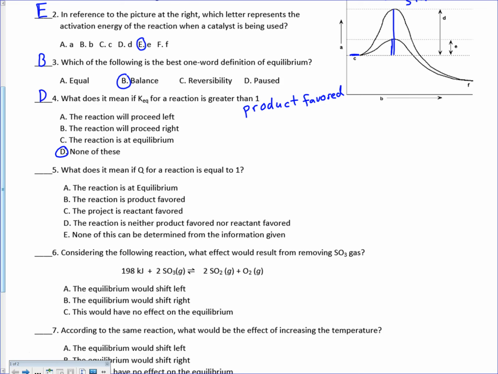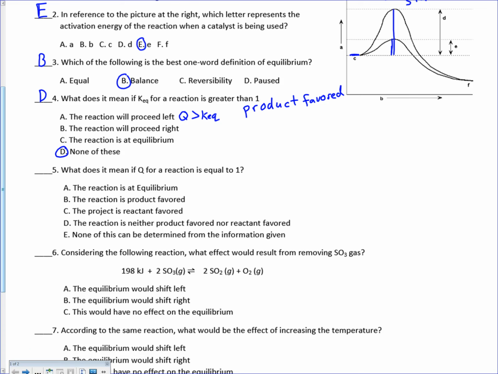To interpret these different options: when the reaction proceeds left or right, it wouldn't be at equilibrium, so in this case we're actually talking about Q's. If the reaction proceeds left, that means it's going towards the side of the reactants, which means that Q is greater than Keq. It needs to go left to make less of the products and more of the reactants.